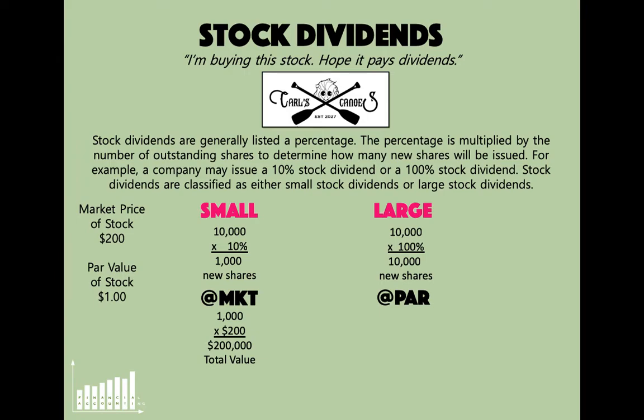The small stock dividend is going to be given a value of $200,000 because it's going to be recorded at the market price: 1,000 shares, $200, $200,000 value. The large stock dividend is going to be given a value of only $10,000. 10,000 new shares, but it's going to be recorded at par, which is $1.